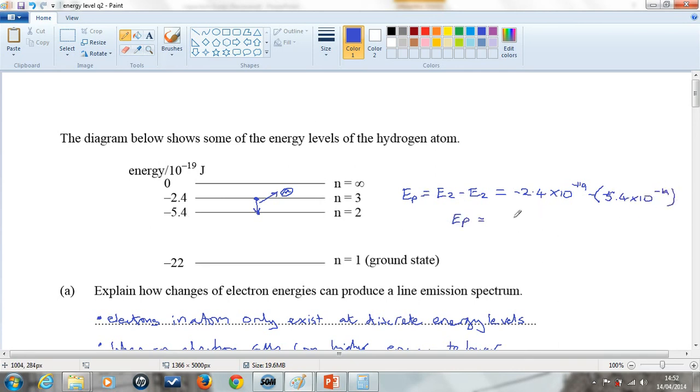And when I plug those numbers into the equation, I get a photon energy equal to 3 times 10 to the minus 19 joules. That gives me my energy.